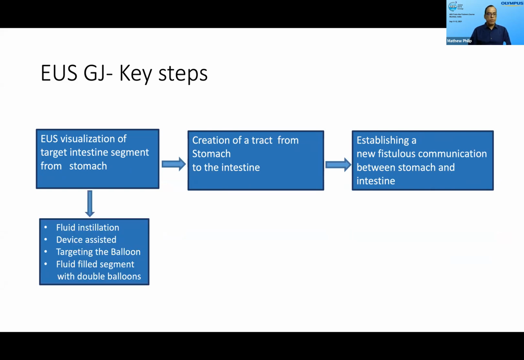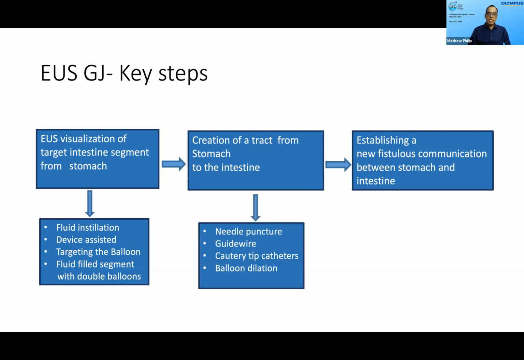So the first step, visualization, requires fluid instillation. It can be done by many mechanisms: you can instill with the scope itself, or use device-assisted methods like balloons, tubes, or nasobiliary drain tubes, or even double balloons, and a fluid-filled segment can be used.